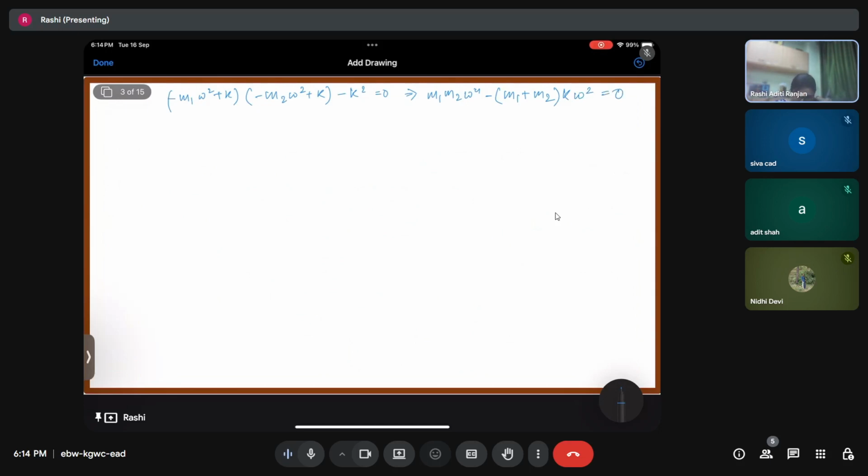See, this is the reason that I chose this problem, in order to give you an understanding of what is happening in this system. So over here, I take omega square common: omega square times (m1 m2 omega square minus (m1 plus m2) k) is equal to 0. Now omega square cannot be equal to 0, so definitely omega square is going to be (m1 plus m2) k divided by m1 m2. Okay, there should be a k. Yeah. So omega is going to be nothing but the square root of that.